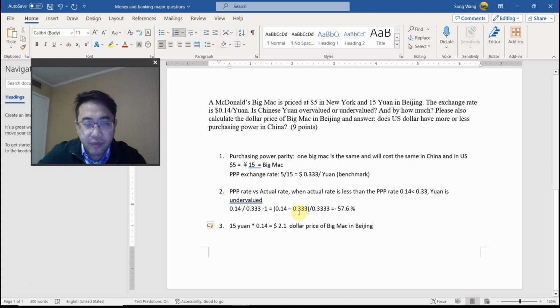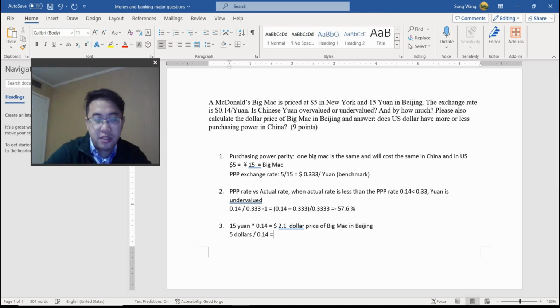All right. So you can see that if you have $5, you can buy more in China. So let's say you have $5 divided by 0.14 dollar per yuan, and see what you get. 5 divided by 0.14, so that's going to be 35.7 yuan.